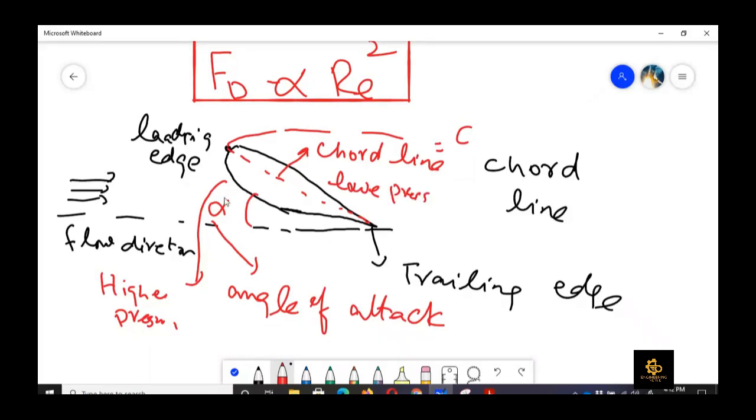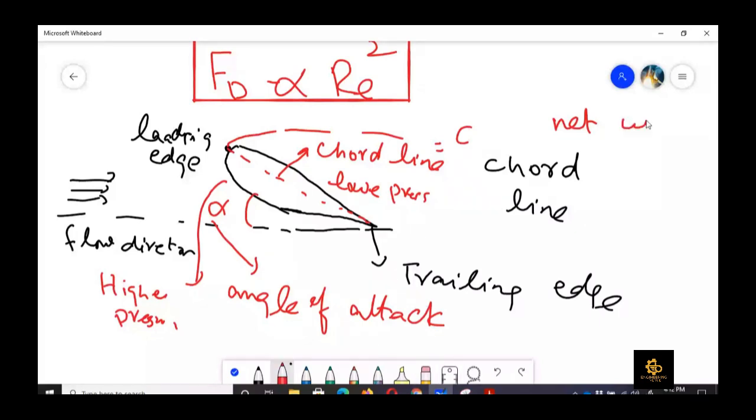So now you can see that if lower pressure is on the upper side and higher pressure is on the lower side, then there would be a net positive force in the y plus direction. It means in the upward direction, a net upward force.